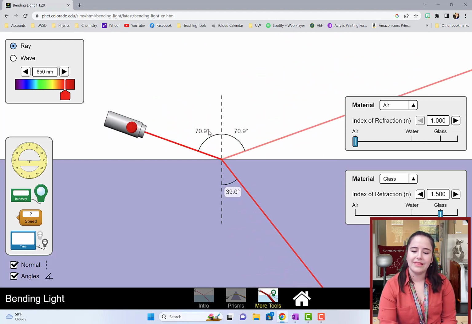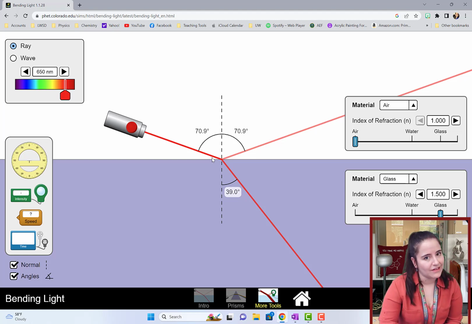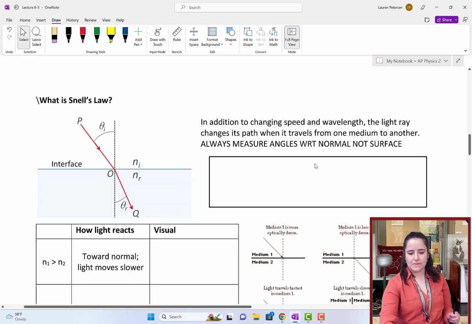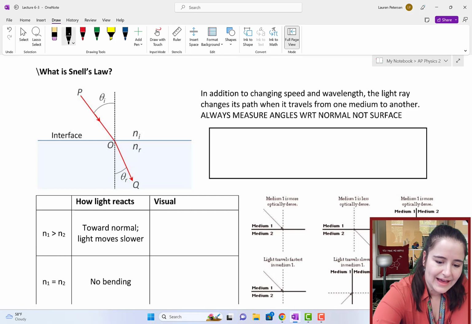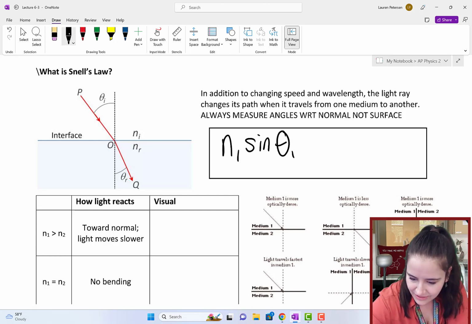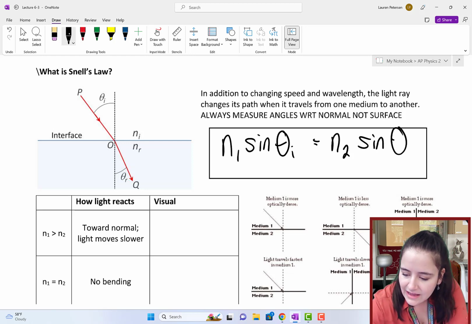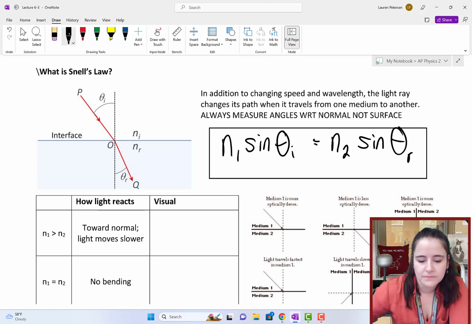And the relationship between the angle of incidence, which is always measured with respect to the normal line, that 90-degree line, sine of that angle of incidence will equal n times the sine of the angle of refraction, from experimental determination. So we have n1 sine of theta incident equals n2 sine of theta 2, or the refracted angle.